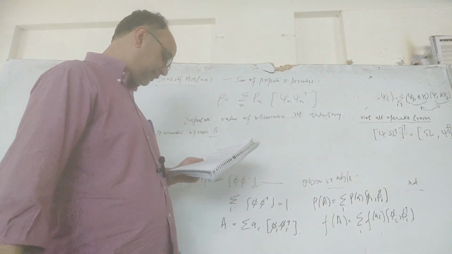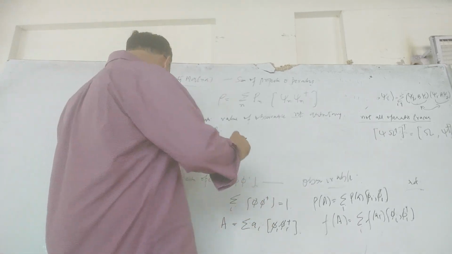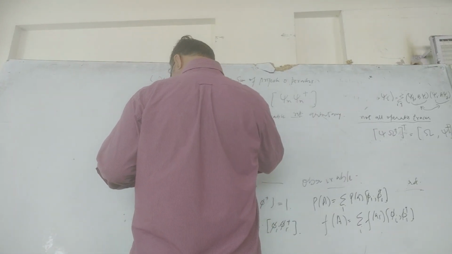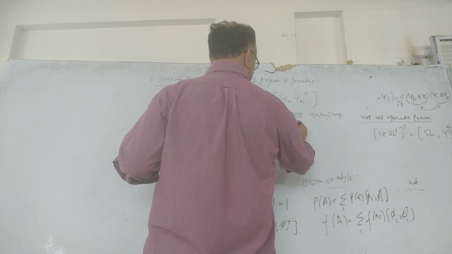It's weighted: we have individual states psi n weighted with probabilities.